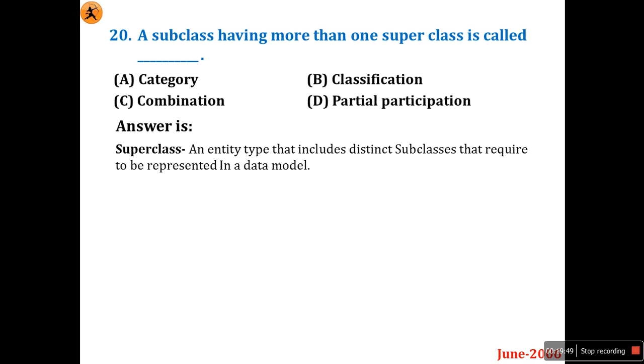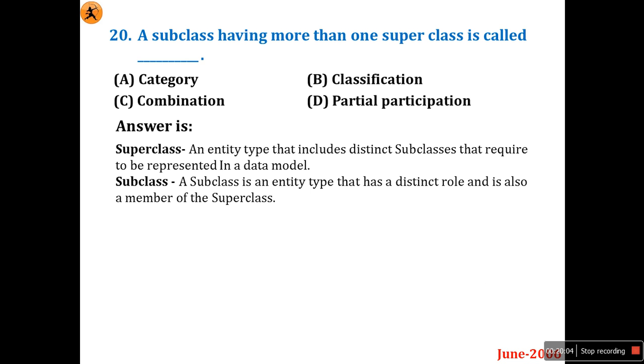A superclass is an entity type that includes distinct subclasses that are required to be represented in the data model. A subclass is an entity that has a distinct role and is also a member of the superclass. Means the subclass is a member of the superclass. A superclass has some distinct, different subclasses.